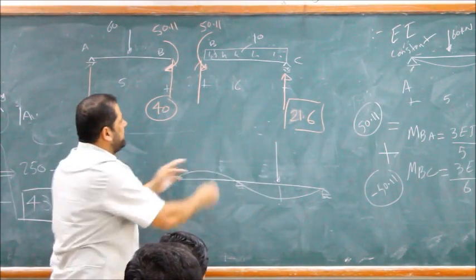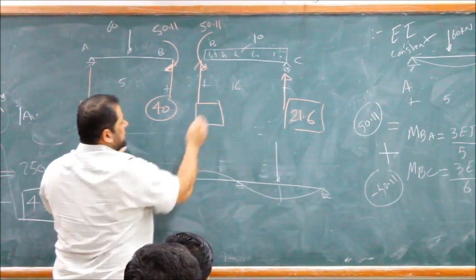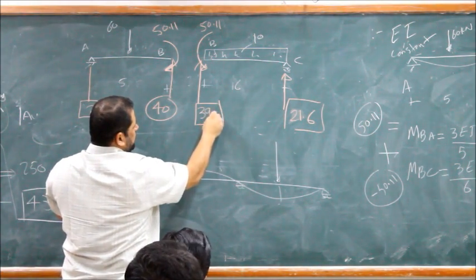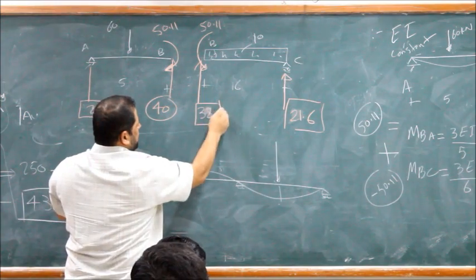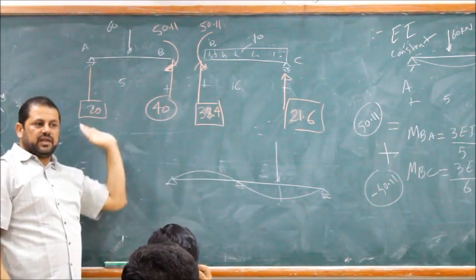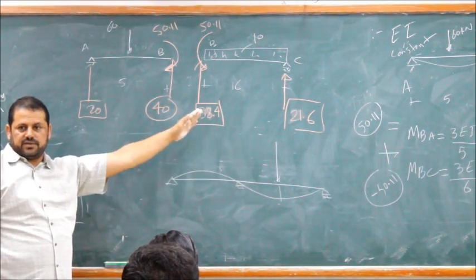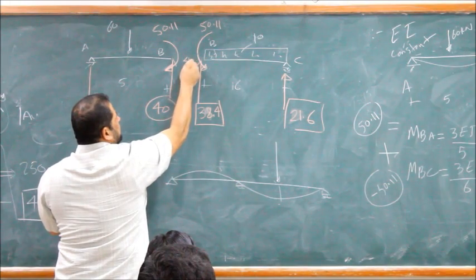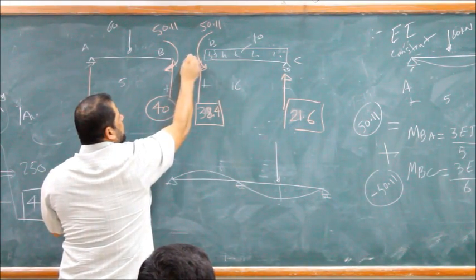60 minus this number gives you this number, which is 38.4. Those are the shear to the left and shear to the right. What's the reaction? It's the sum. The sum of the two.